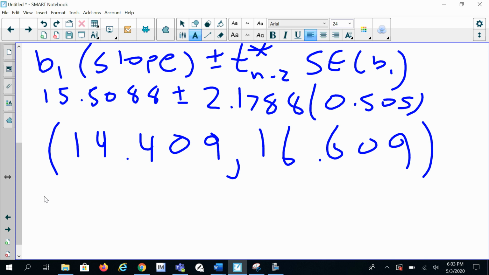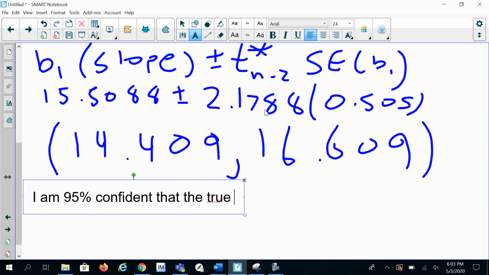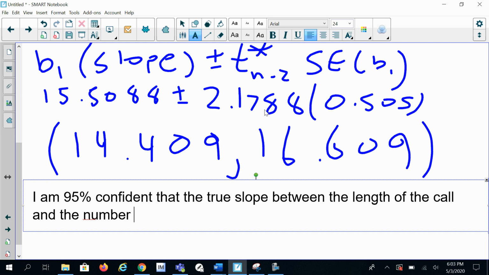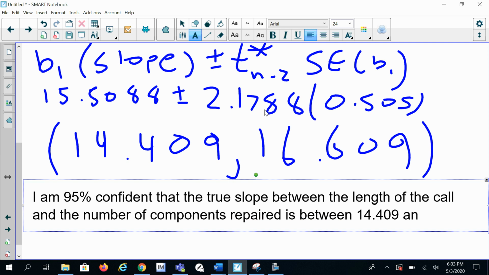So to interpret that, we would say I am 95% confident that the true slope between the length of the call and the number of components repaired is between 14.409 and 16.609.